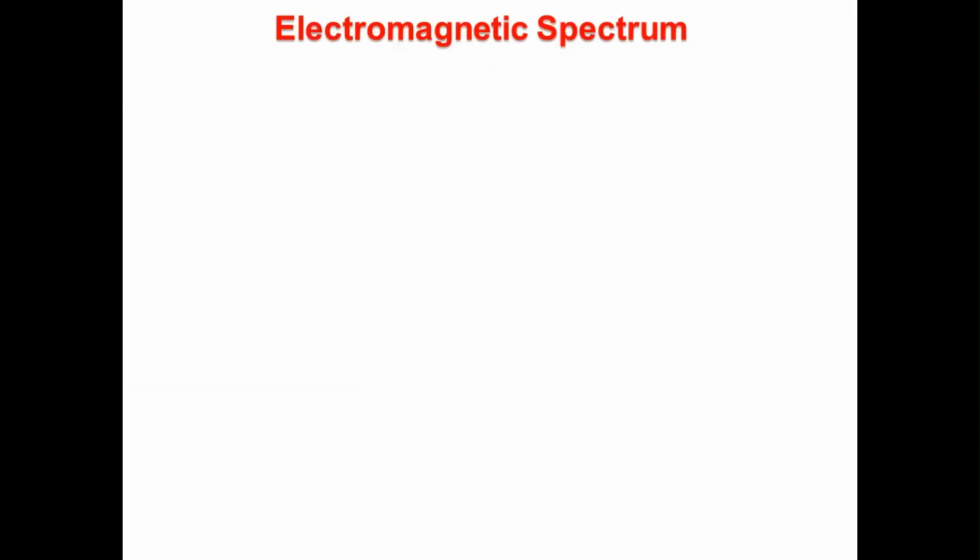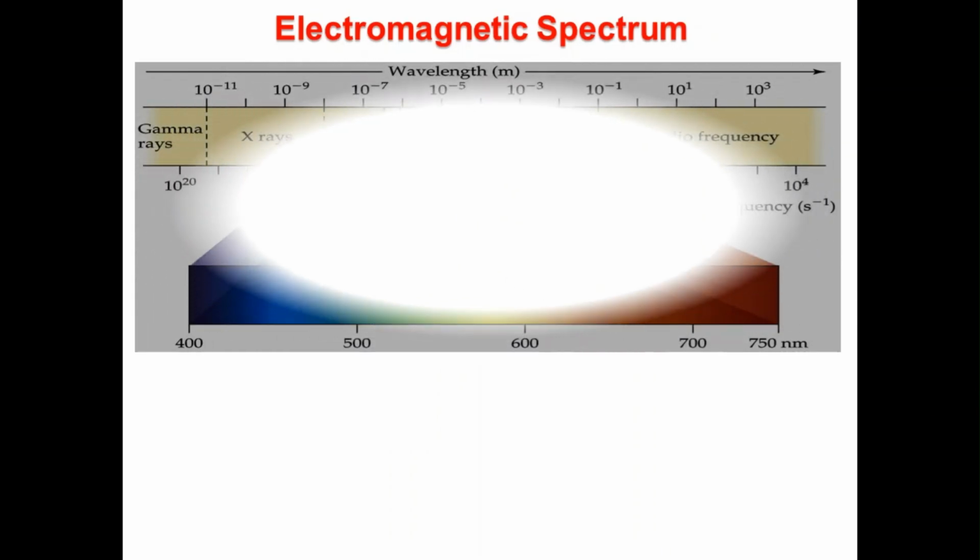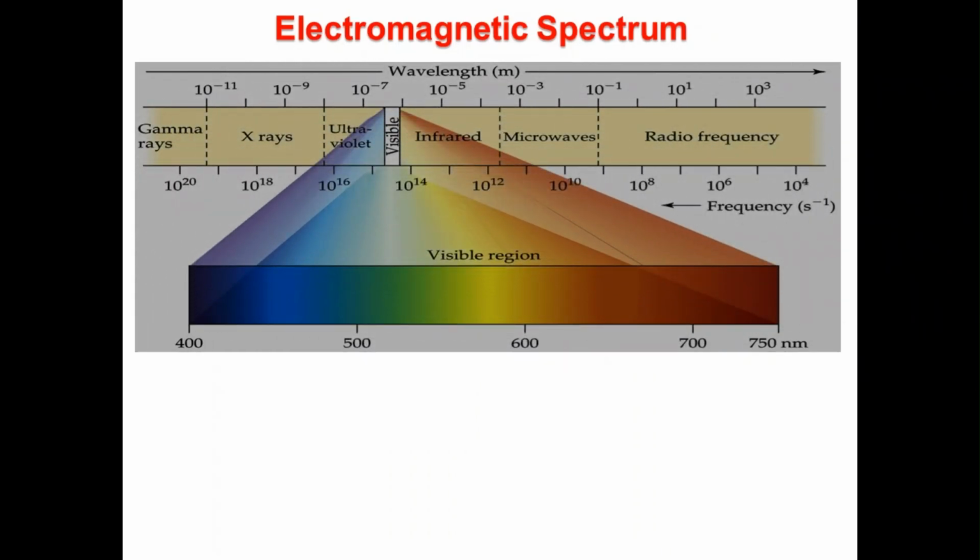Before that, we all know about the electromagnetic spectrum, consisting of various regions, like seven regions. We know that frequency and wavelength are inversely proportional. So in increasing order of frequency, we have radio frequencies, then microwave, infrared, visible, ultraviolet, X-rays, and the highest frequencies, gamma rays.